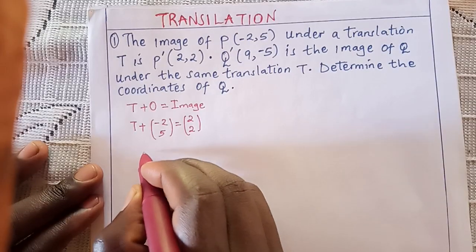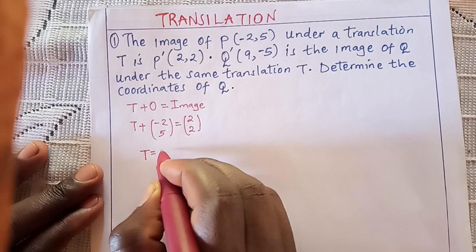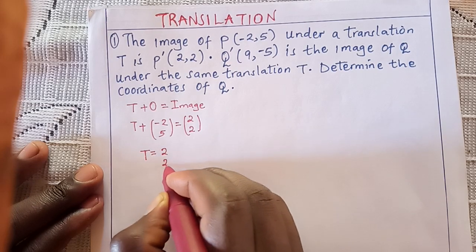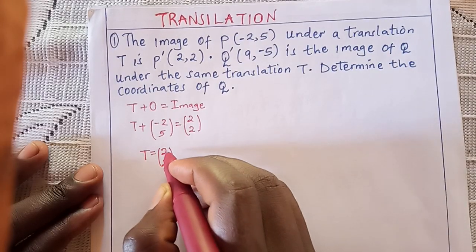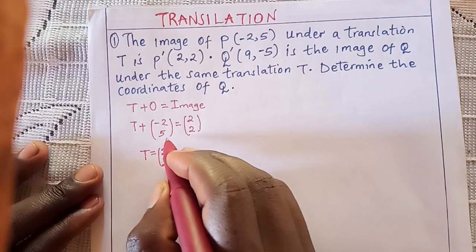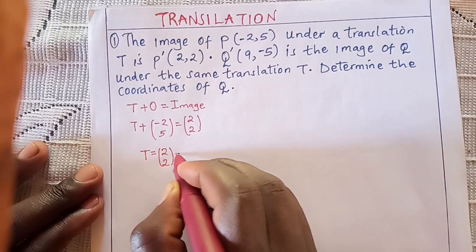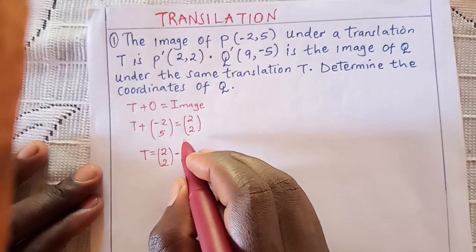Now, for us to be able to work out the translation, we have 2 here and 2 on the other side. This is the image coordinate. So we want to take the object coordinate to the other side by subtracting it from the image coordinate.